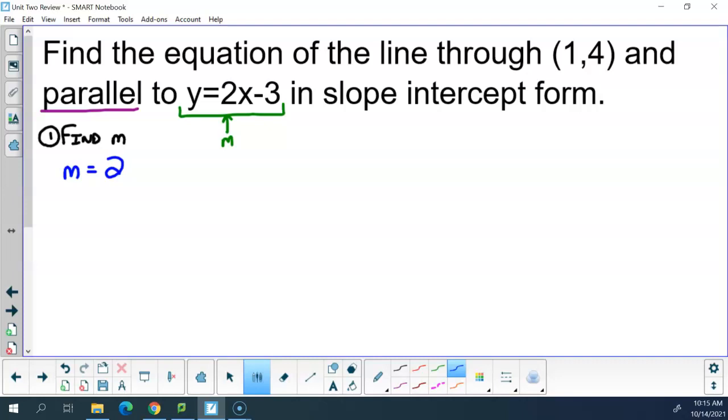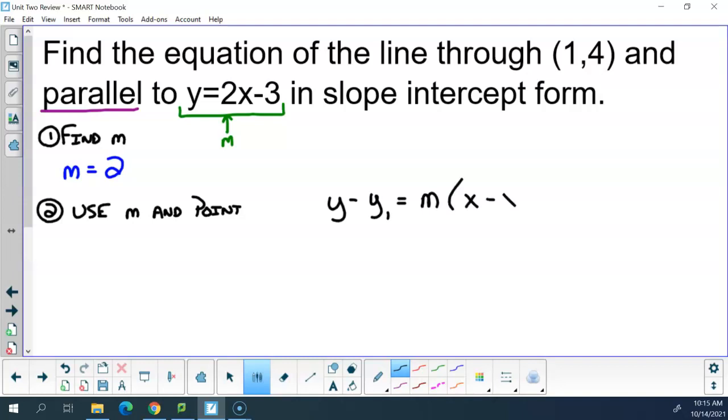Then the second thing we are going to do is use the slope and the point. That's like using point-slope form: y - y1 = m(x - x1).